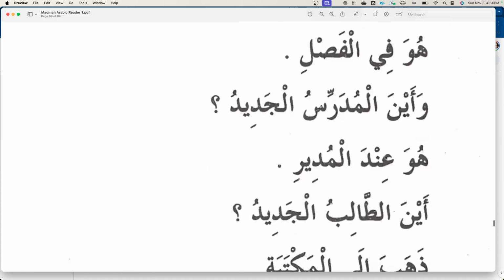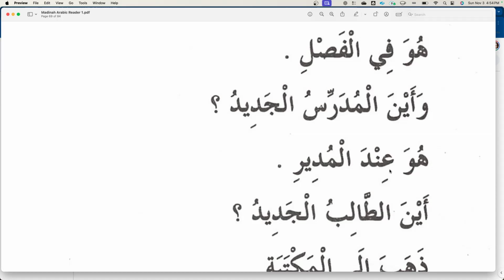And we also learned that inda works like something that makes the noun majroor, just like tahta, fawqa, tahta al-kursiyyi, tahta al-maktabi, right? ظرف مكان.